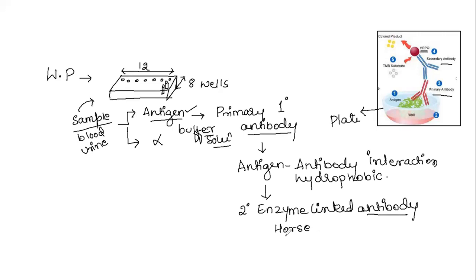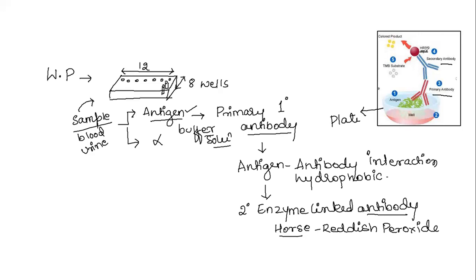The H stands for horse, R stands for radish, PO stands for peroxidase. So here the enzyme is a peroxidase, and the antibody clinging to it is the antibody from the horse. That is what is called HRPO.